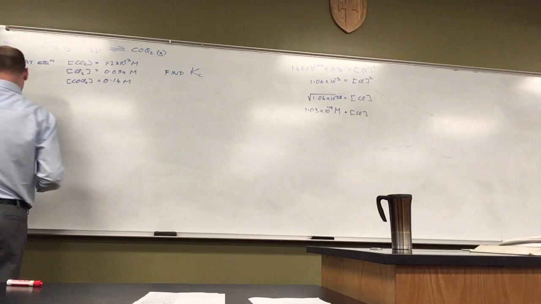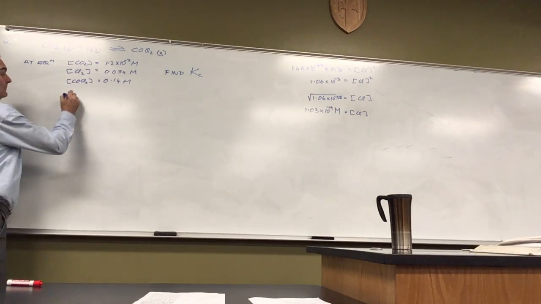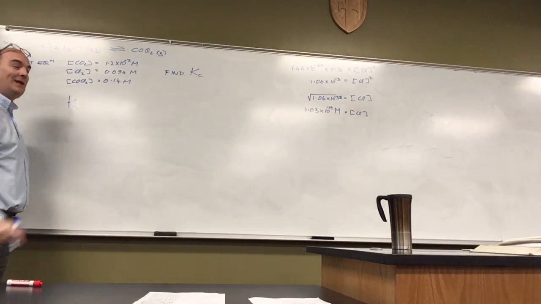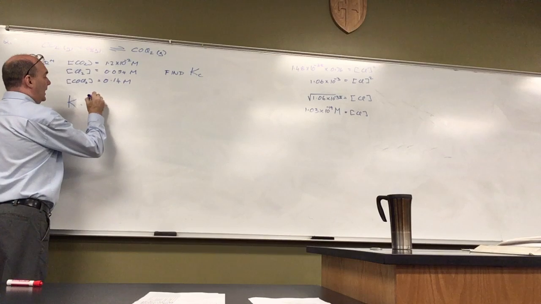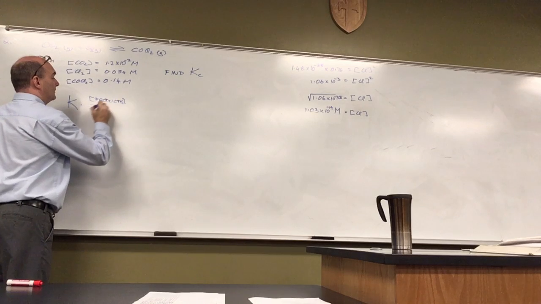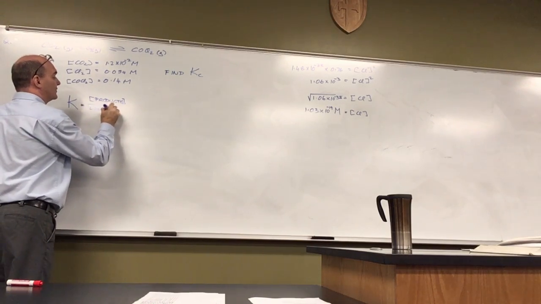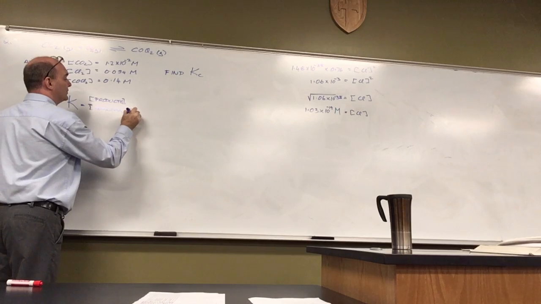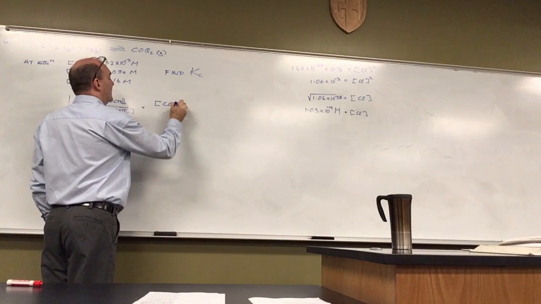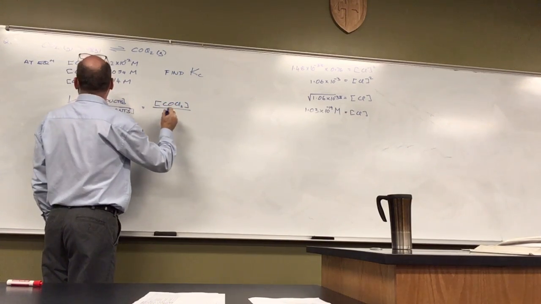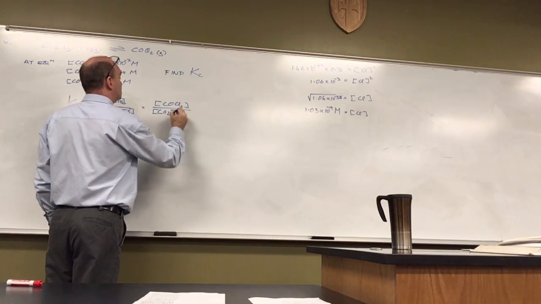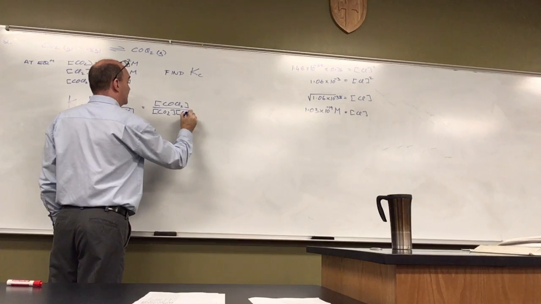Okay. Let's figure out what K is expressed as. K is products over reactants raised to the power of their coefficients, which gives me the concentration of COCl2 over CO and Cl2.